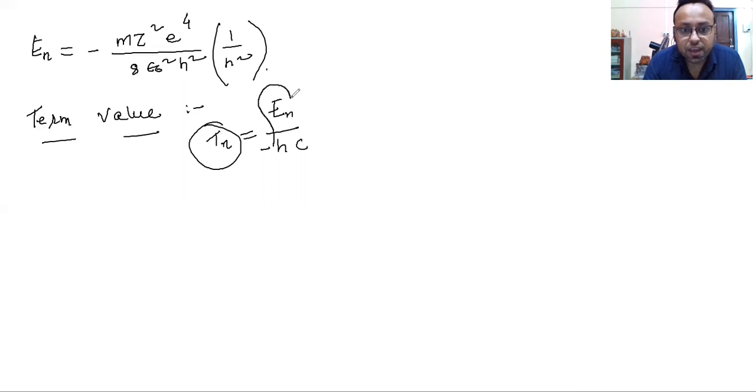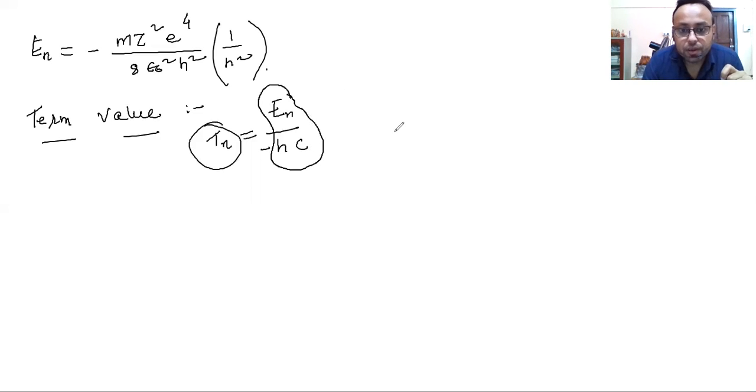You have to divide energy by Planck constant and velocity of light. So we have to divide energy by hc. h is the Planck's constant, c is the velocity of light.